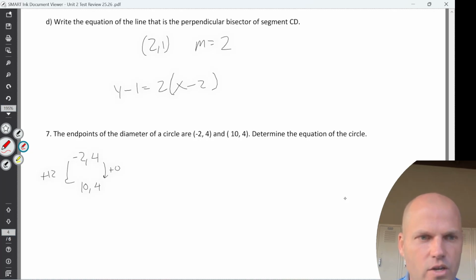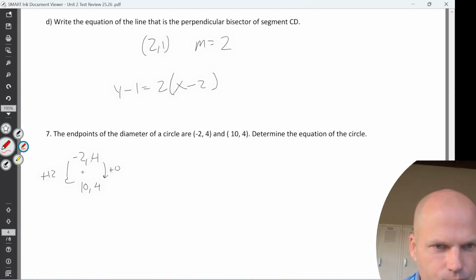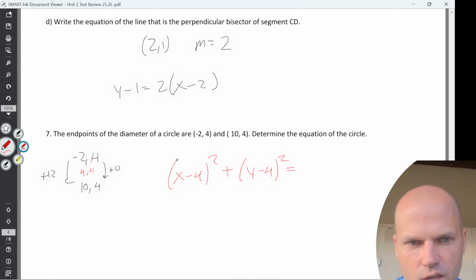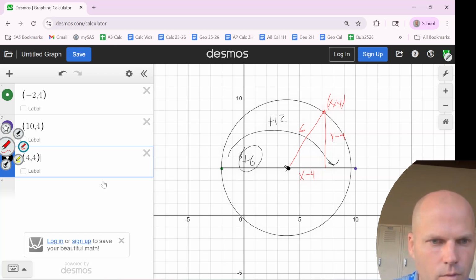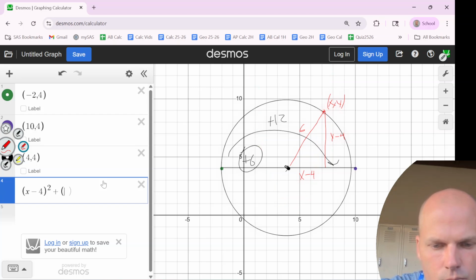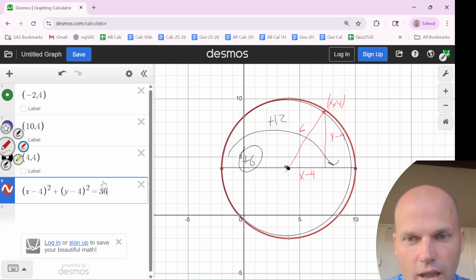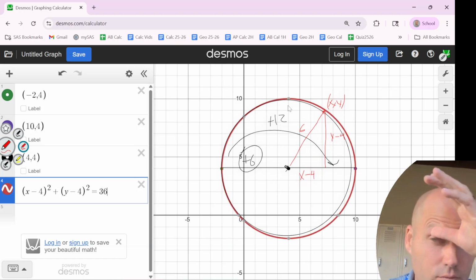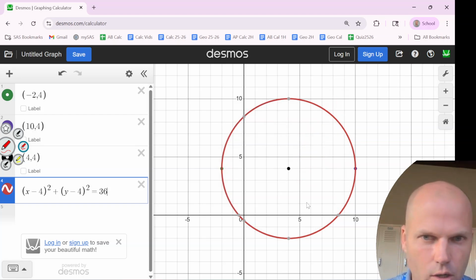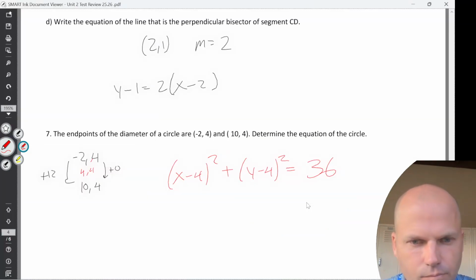So I should have the equation (x minus 4) squared plus (y minus 4) squared equals c squared. And we should be able to see that graph. Okay? If we're using Desmos, there's no reason we get anything wrong.